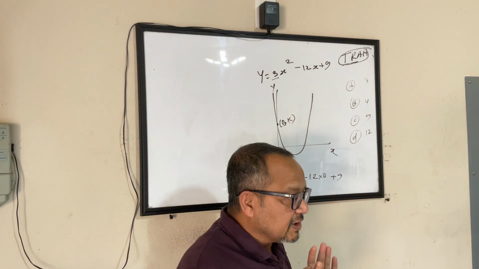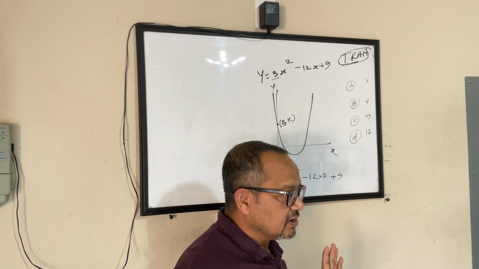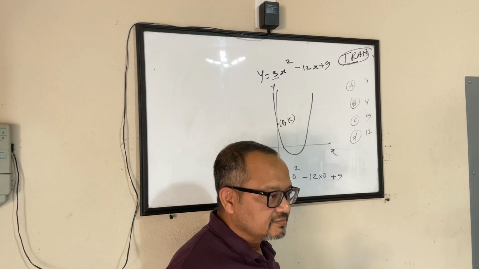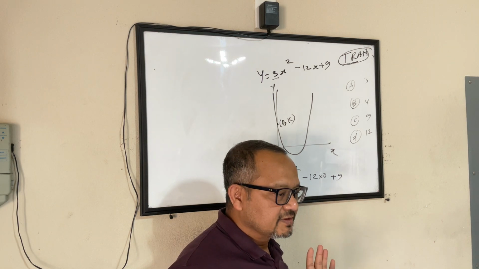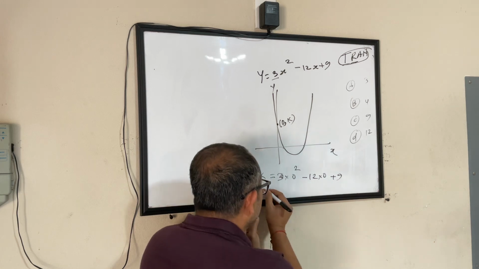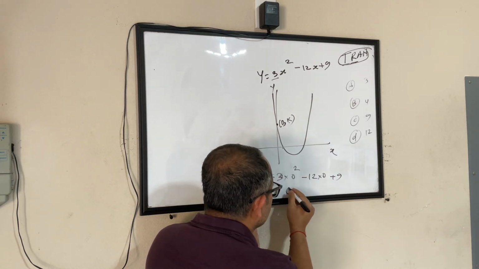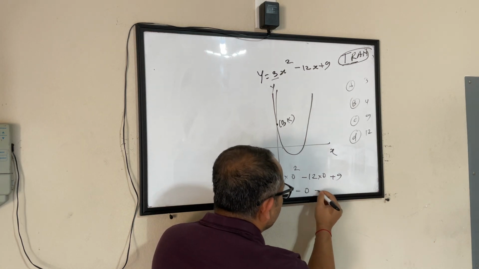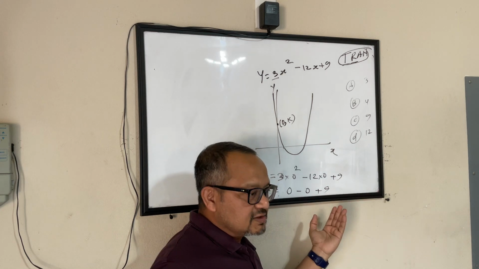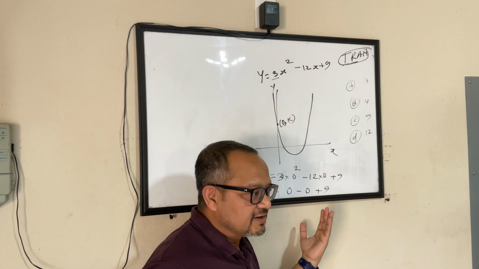Is there anything complicated about this equation or this question itself? Anybody? See, k equals 3 into 0 is 0, minus 12 into 0 is 0, plus 9. It's black and white, straightforward.